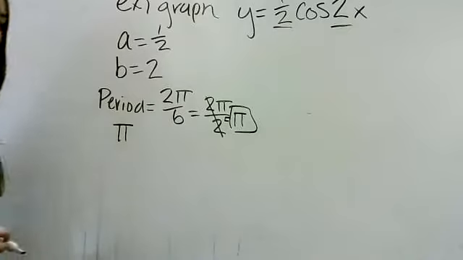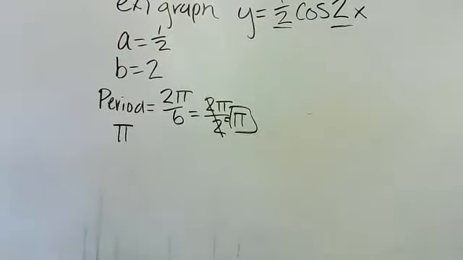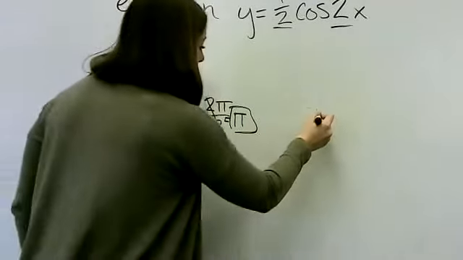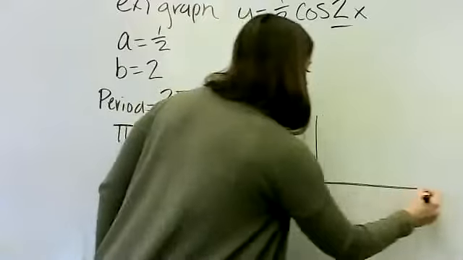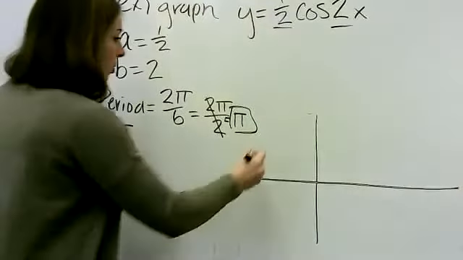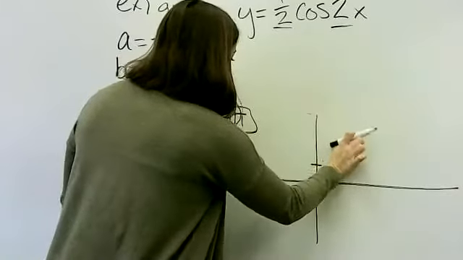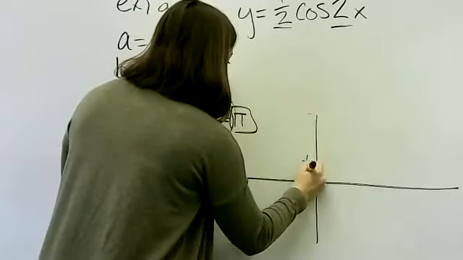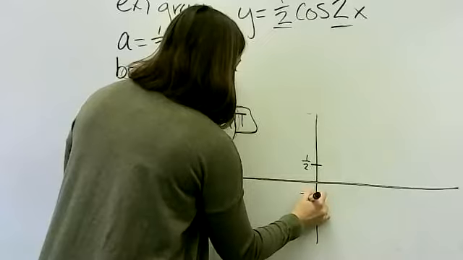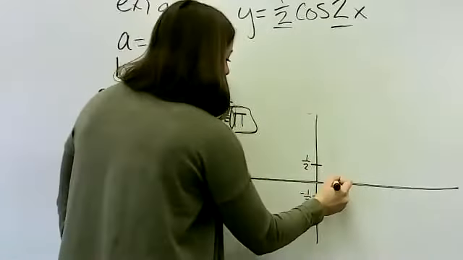I have to take this pi and say, well, that's great, I have a period length, but now I need to find my 4 equal sections. I know I'm only going up to 1/2 and down to negative 1/2.